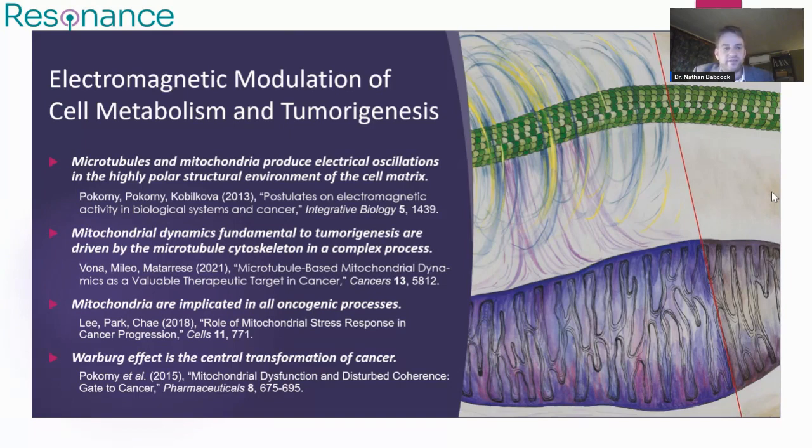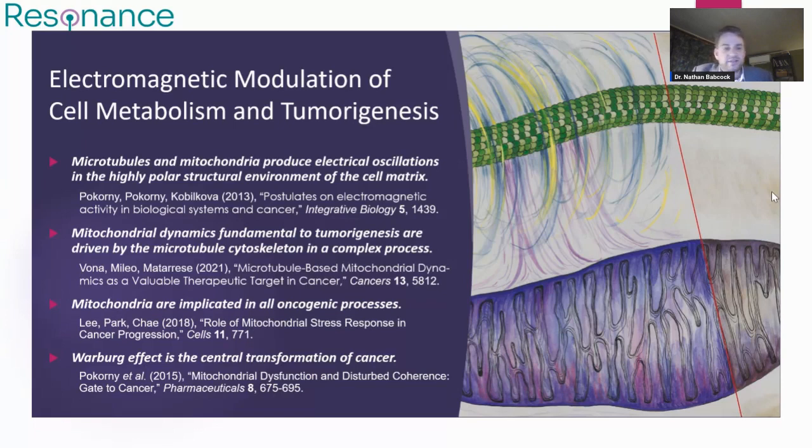Now, these kind of dynamics are fundamental to many health processes, including disease processes like tumorigenesis, the formation of tumors, and they can be driven by the microtubule cytoskeleton in a number of complex processes. So mitochondria are implicated in all cancer-related processes and also in many other health and disease-related processes as the primary energy producers in the cell.